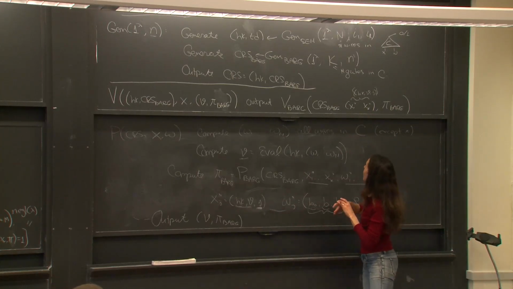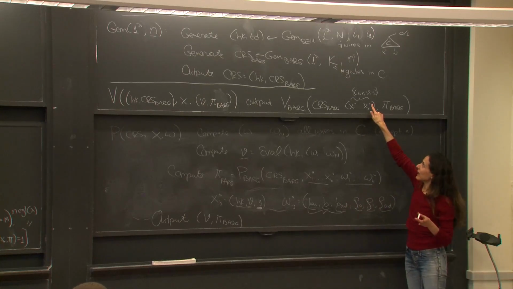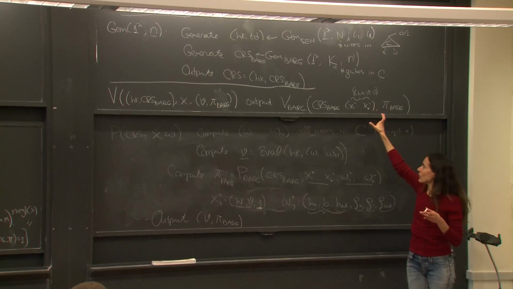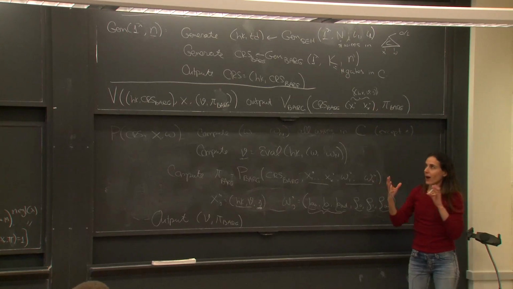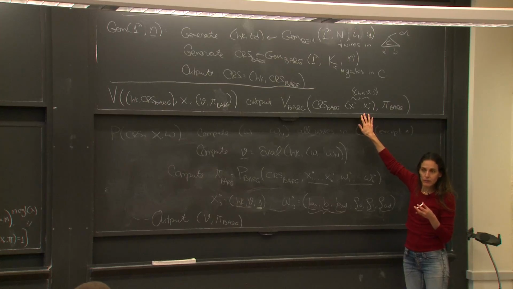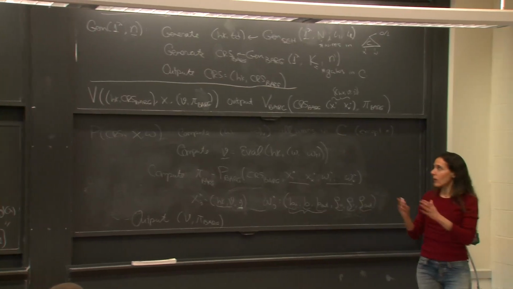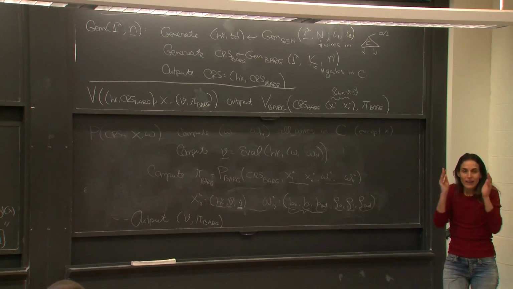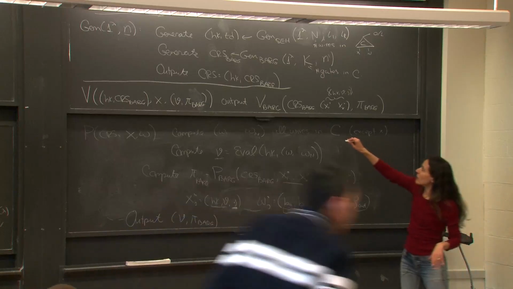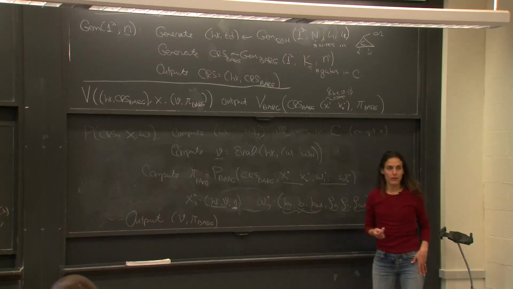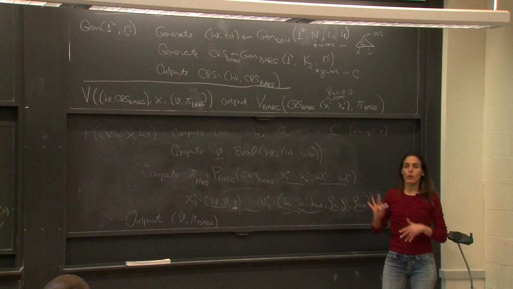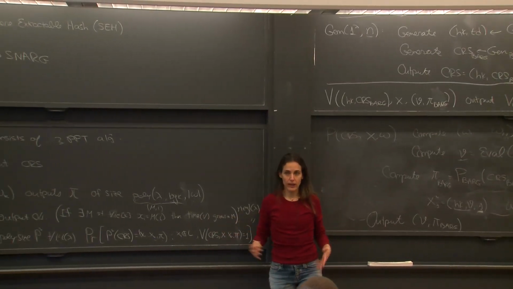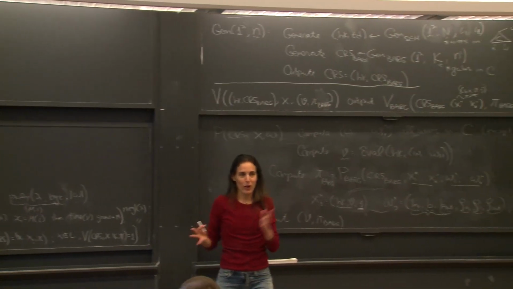Namely, X1 up to XK star is essentially an index on hash key and V. So you can express them very succinctly, by the hash key, V, and the index between 1 and K. Because they have a succinct representation, the runtime of the verifier only grows polynomially with hash key and V. He does not need to grow with K. That's the efficiency property of index languages. And that's very important. Without it, we can't use it for the SNARG.